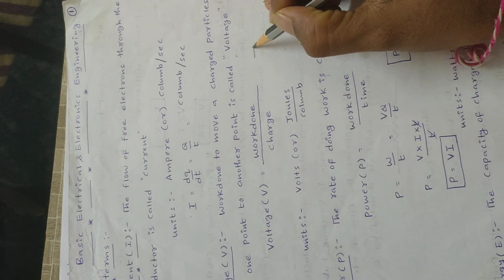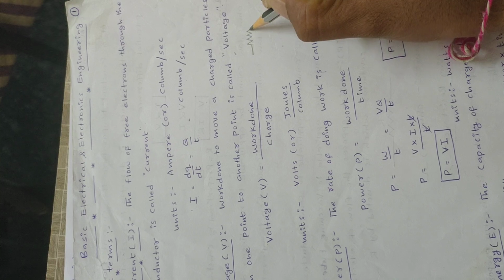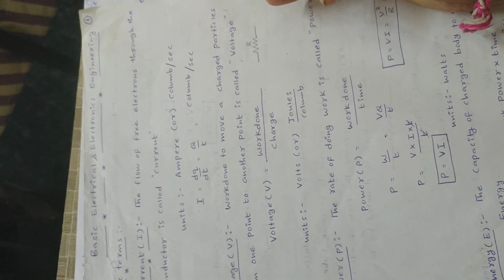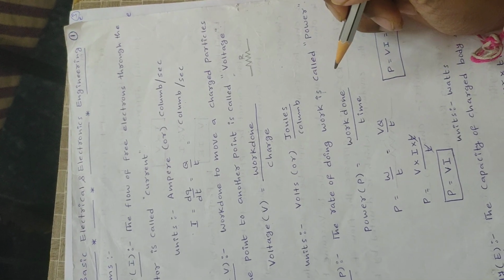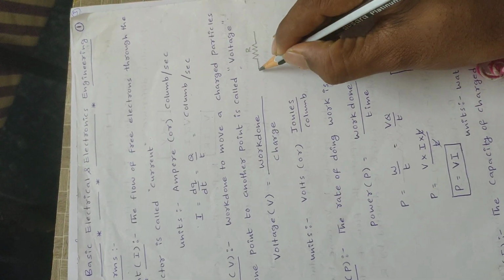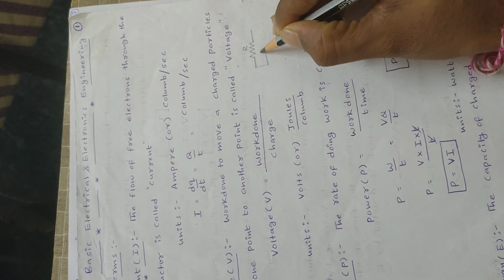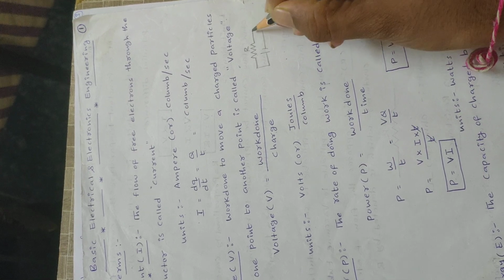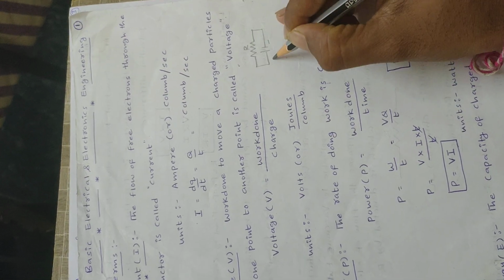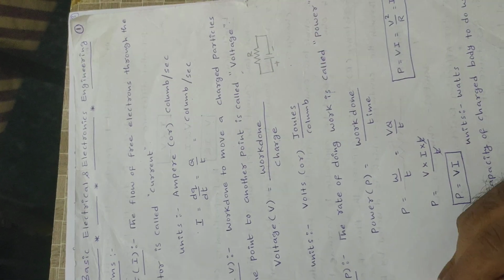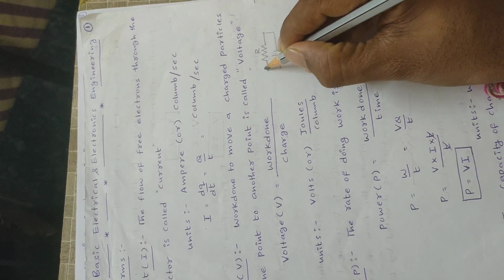Now let us consider a conductor. A resistor is a conductor having a resistance R. This conductor has free electrons. Now apply a voltage of V volts, a potential difference with minus and plus terminals. Because of this voltage only, current I is flowing.